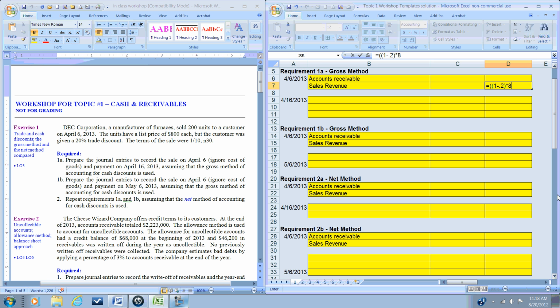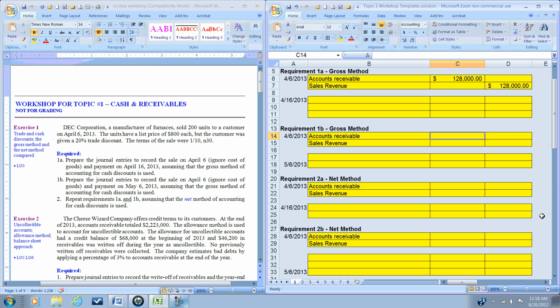We'll then multiply that by our list price of 800, and then multiply that by the number of units that we sold. And again, this is a little long way of coming up with our measurement of the sale, which is $128,000. We will debit or increase the accounts receivable by an equal amount.